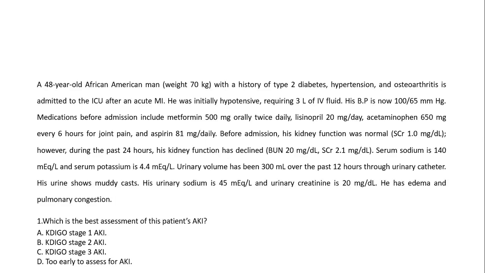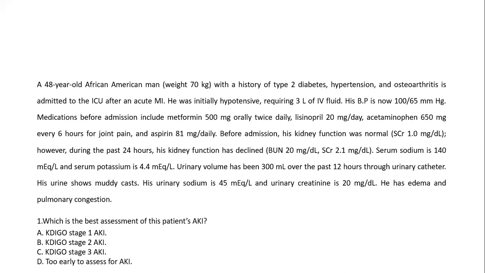So we'll start first of all with our first case. It is a 48-year-old African American. He's 70 kg. He comes with a history of type 2 diabetes, hypertension, and osteoarthritis, and was admitted to ICU after an acute MI. He was initially hypotensive and required 3 liters of IV fluid.